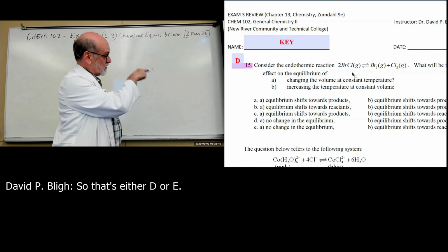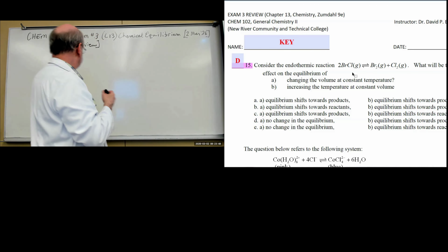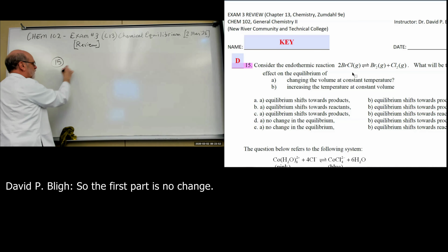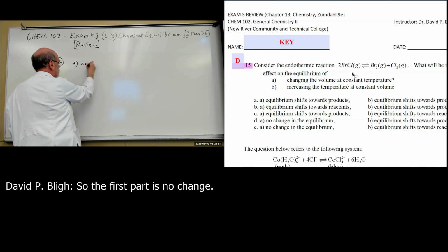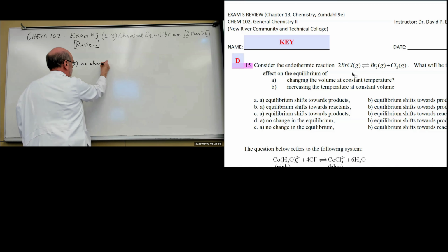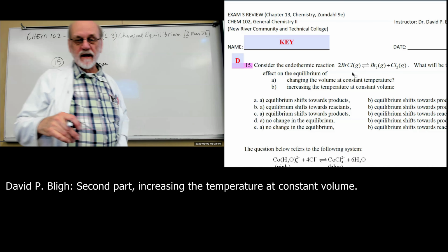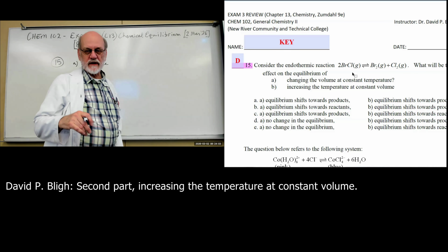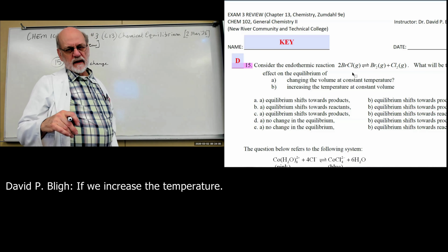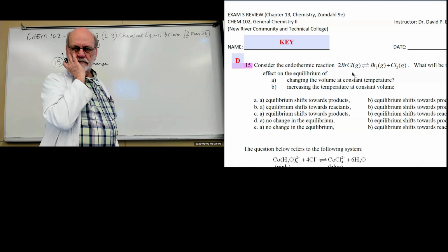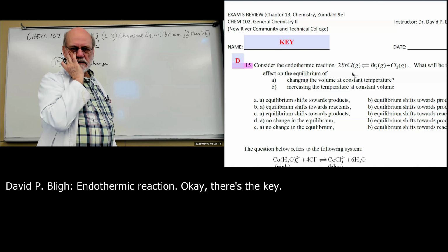So that's either D or E, right? See, I didn't put that number here. So the first part is no change because it's equal number of moles on both sides. Second part, increasing the temperature at constant volume. If we increase the temperature, endothermic reaction.